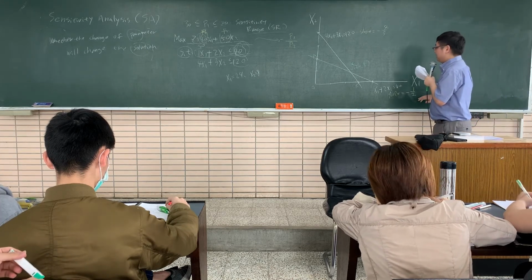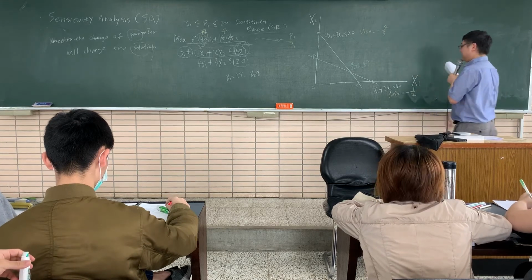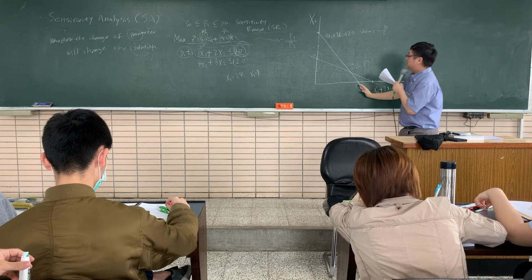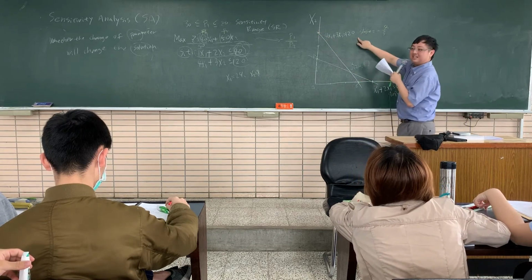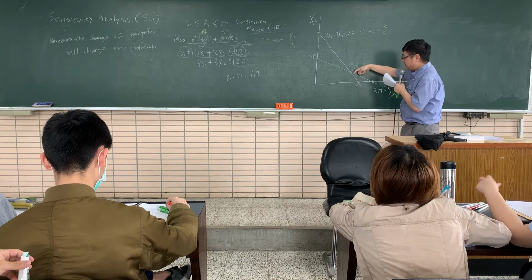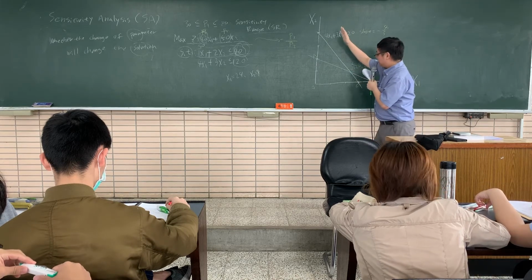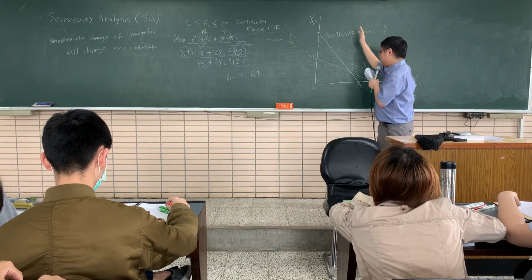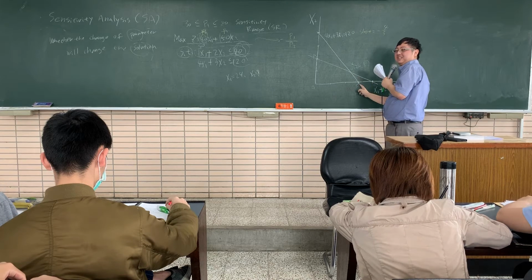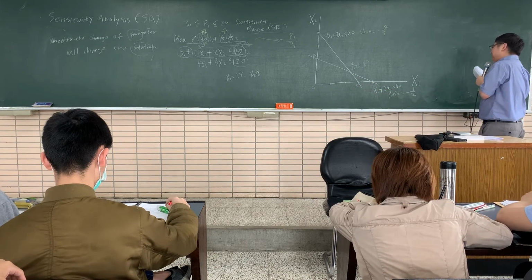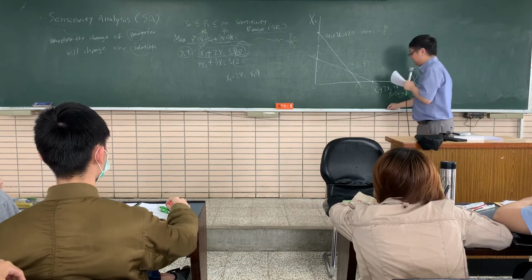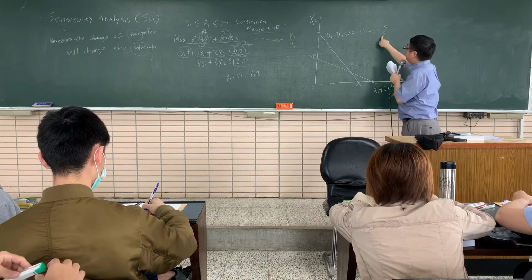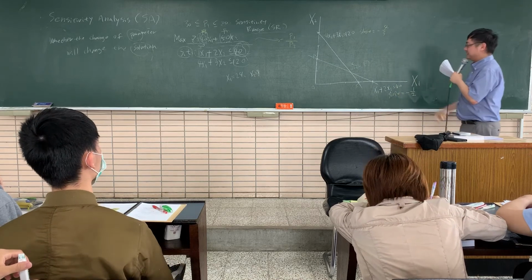And if the slope of the objective function changes, if the slope is equal to this line, the solution will be B and C. But if the slope of the objective function becomes steeper than this line, then the solution will change to point C. So the slope for the objective function cannot be steeper than this, or the solution will change.